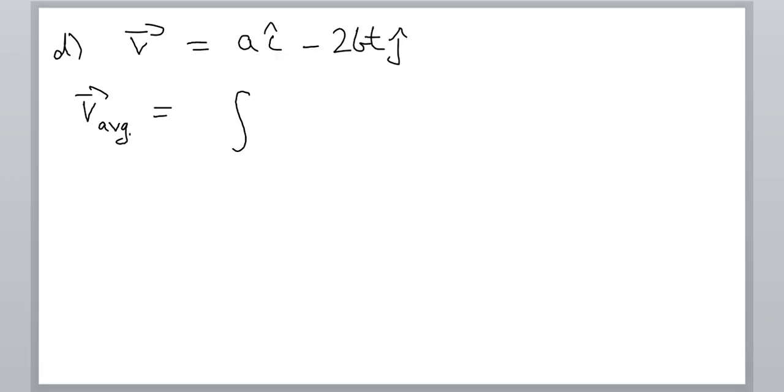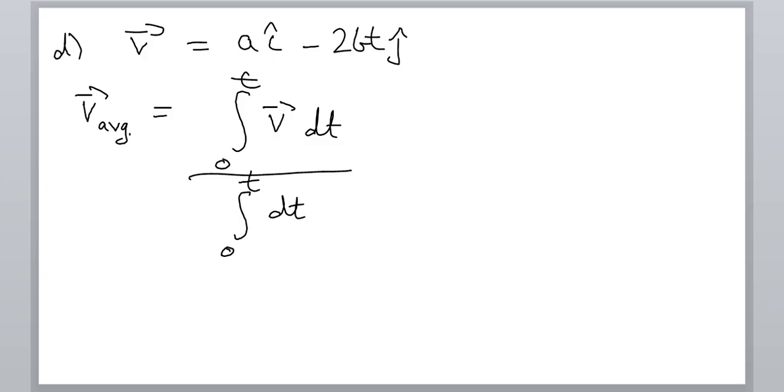We know that we have calculated the v vector, and the v vector is equal to a i cap minus 2bt j cap. This is the value of the v vector. Now the average value of the v vector is defined as the integration from 0 to t of v vector dt, divided by the integration from 0 to t of dt.